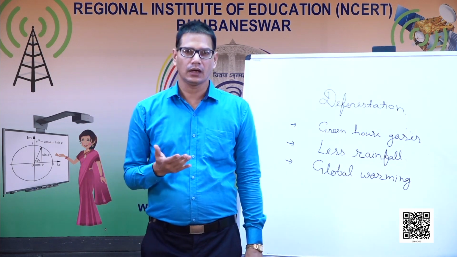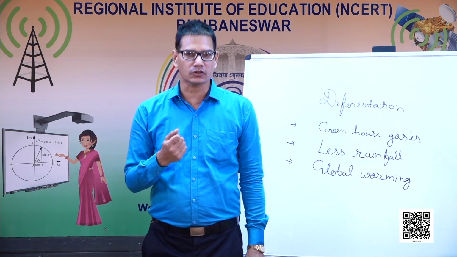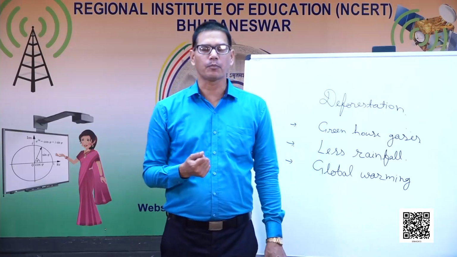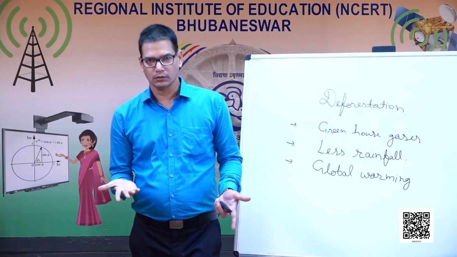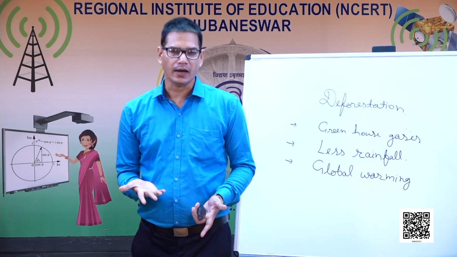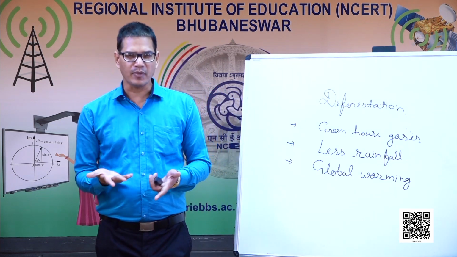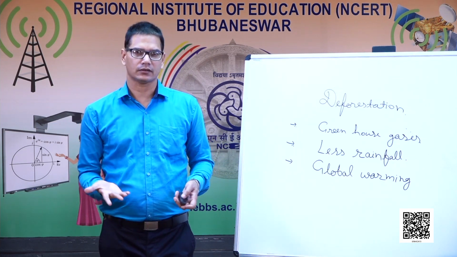The result is damage to our natural resources, loss of biodiversity, many plants and animals that come under the water, a degraded environment, and imbalance in nature. And due to global warming, the temperature of the earth increases day by day, and we suffer from drought, untimely rain, and many other natural calamities.